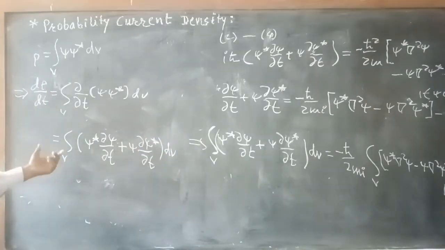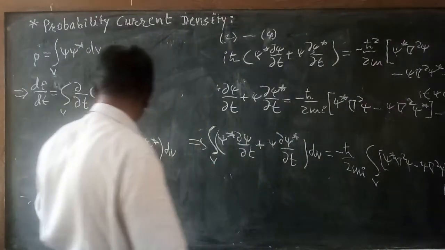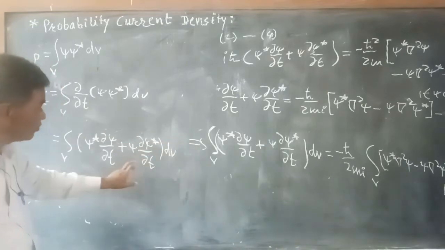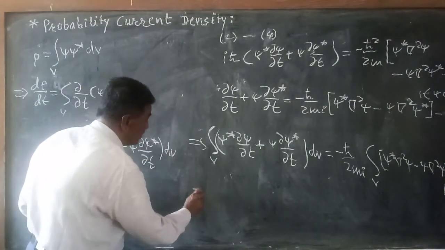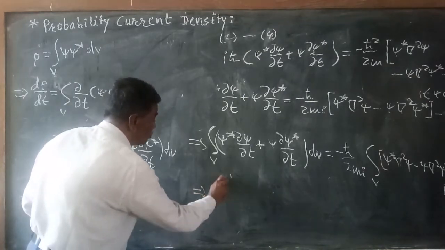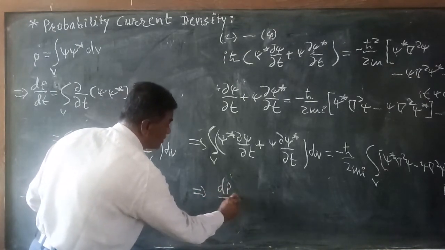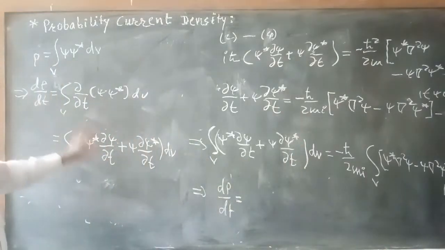Now you have to observe that the LHS of this equation is nothing but the rate of change of probability. So with the help of this equation, dP/dt is equal to this term, which represents the rate of change of probability.